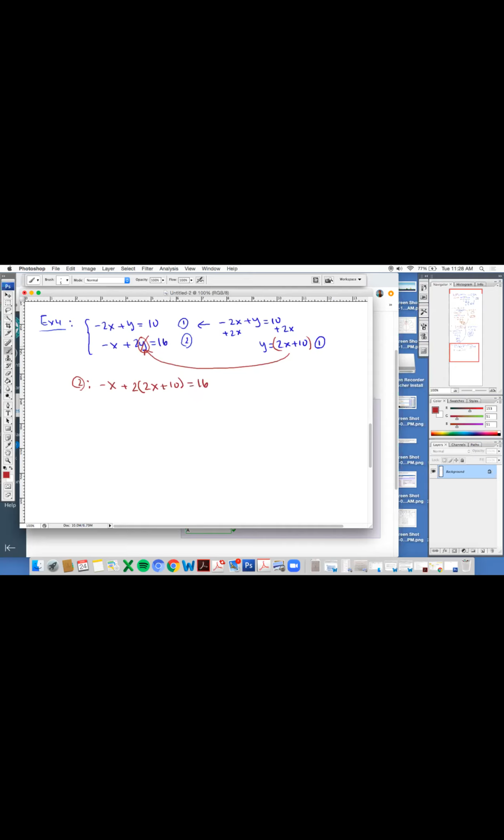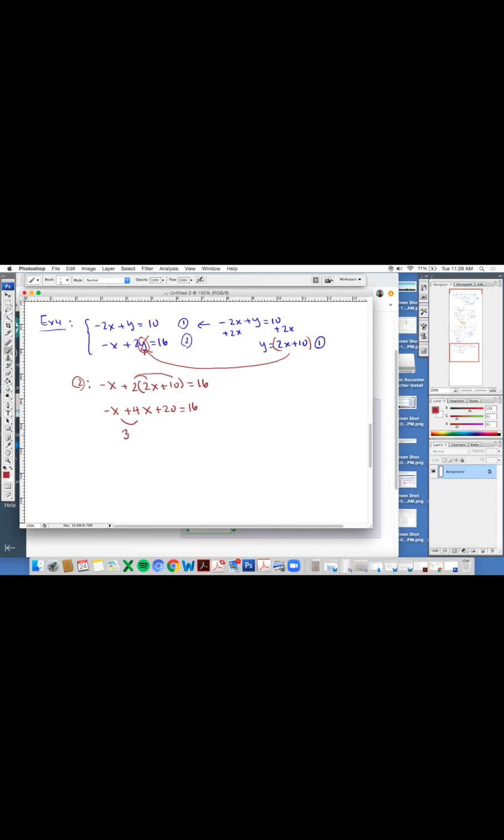Okay, so I smooshed the two equations together to get rid of the y. Then we solve.